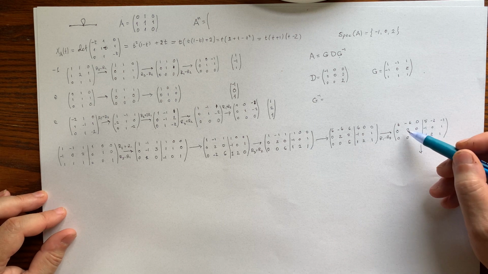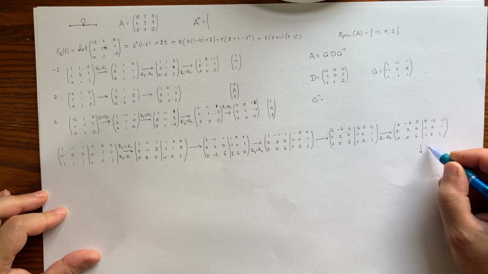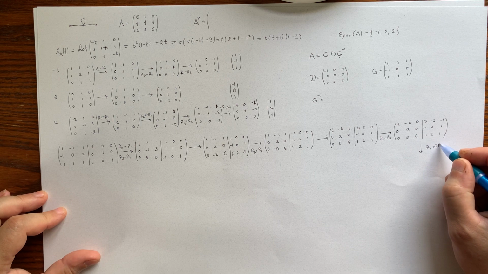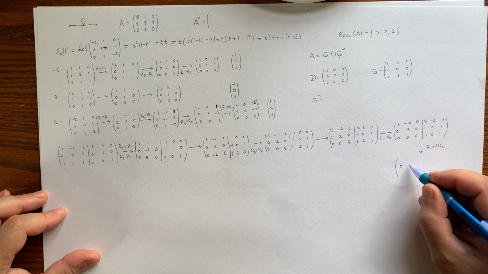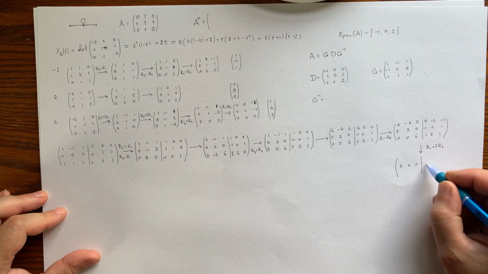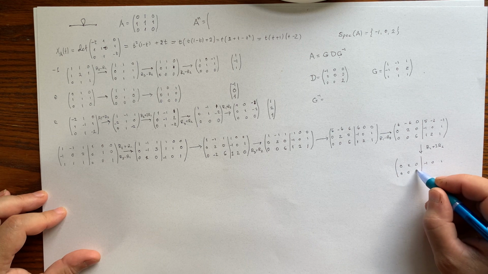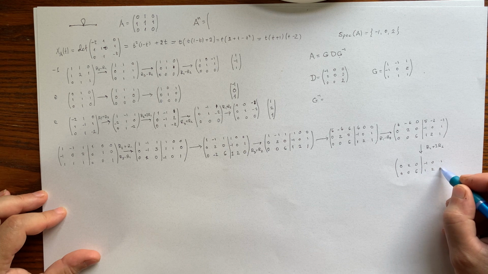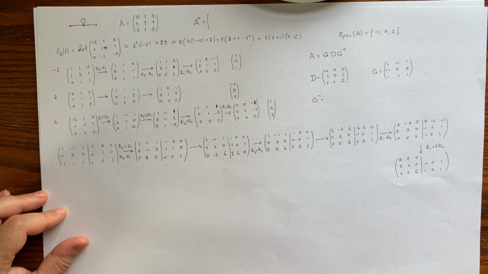Effectively, the final transformation is to do elimination in the second column. You can do row addition, row 1 plus 3 copies of row 2. We'll have 6 and 0 and 0.